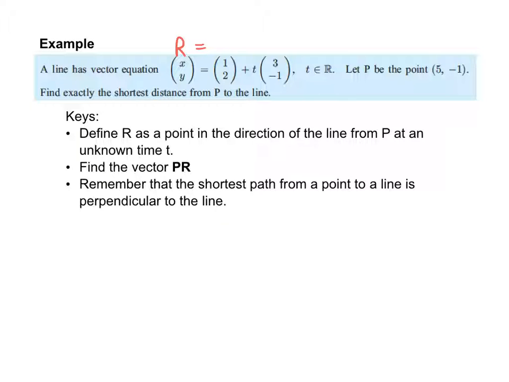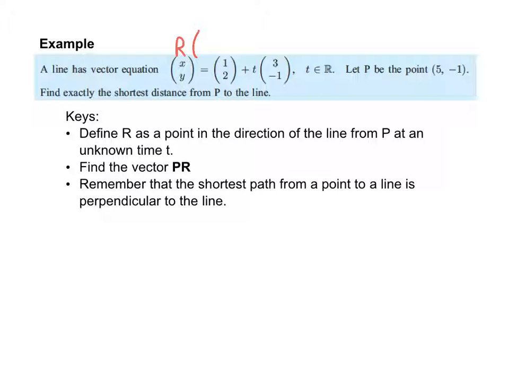So my position R is going to be a point. And what is the x-coordinate of that point going to be? Think. I have the vector equation of the line.